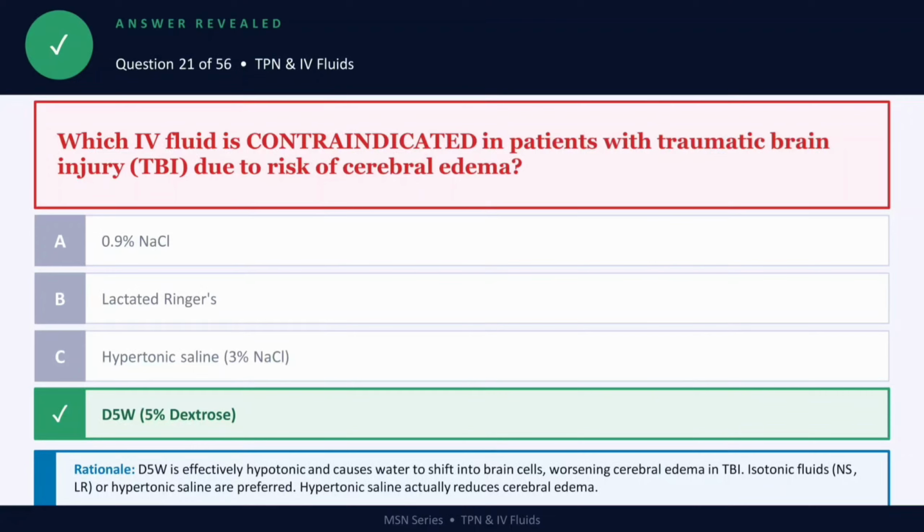Rationale: dextrose 5% in water is effectively hypotonic and causes water to shift into brain cells, worsening cerebral edema in traumatic brain injury. Isotonic fluids, NS, RL or hypertonic saline are preferred. Hypertonic saline actually reduces cerebral edema.